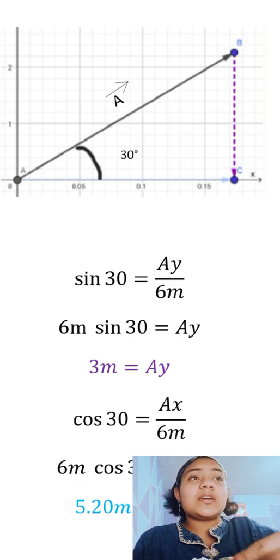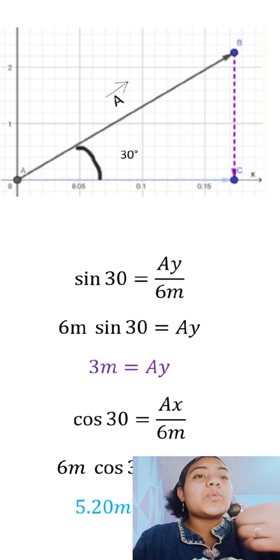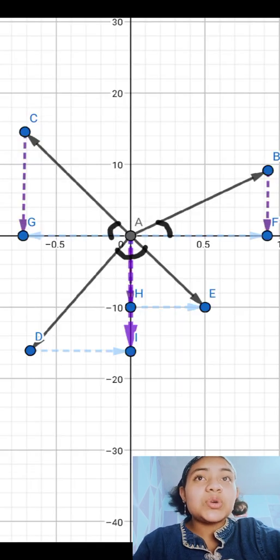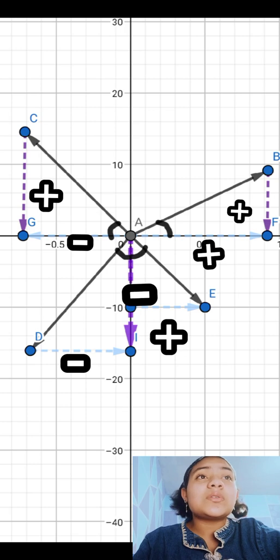We finish with the first one, and now, depending on the vector you have, in my case 4, you must do these same two steps to calculate the sine and cosine of each vector. You only change the signs in some cases when the x-axis is negative or the y-axis is negative.